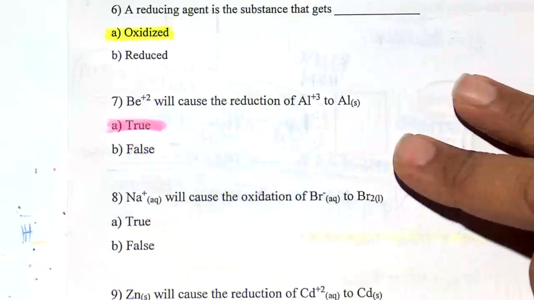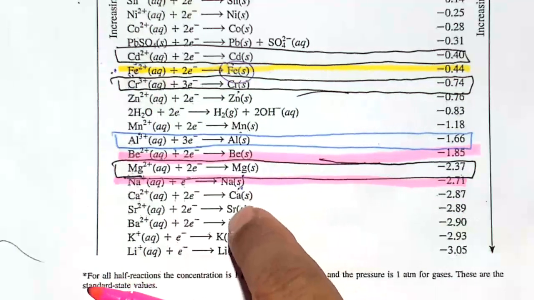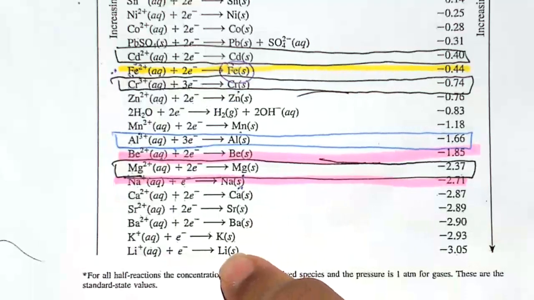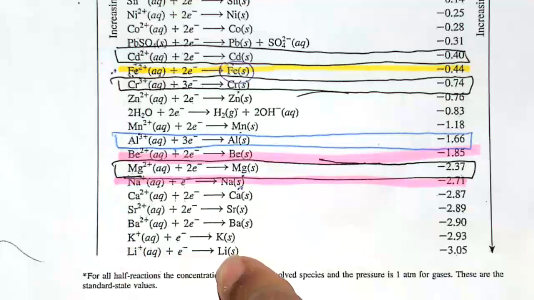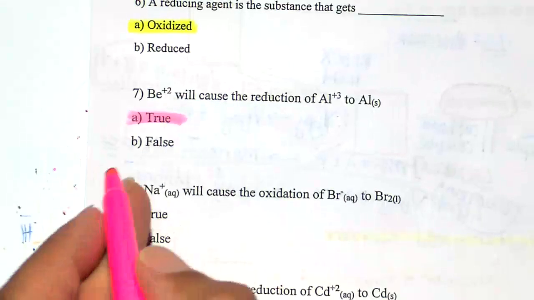Will it cause the oxidation of Br minus to Br2? No, it will not. What will it oxidize? It will oxidize calcium, strontium, barium, potassium, lithium. Do you see Br anywhere there? So the answer here is false.